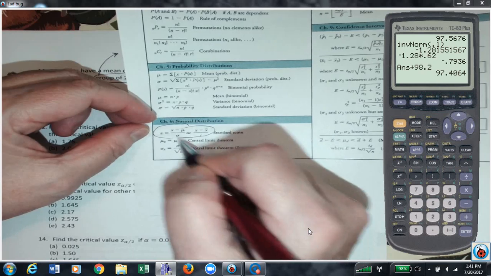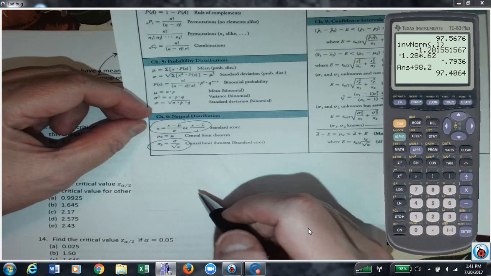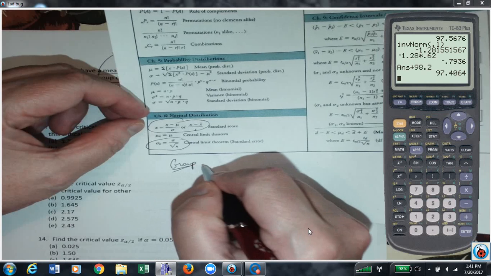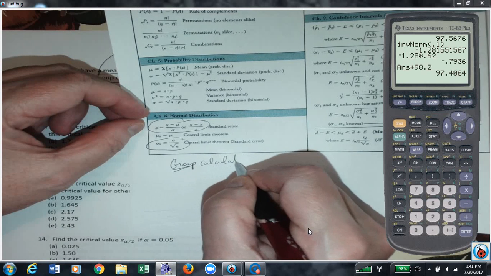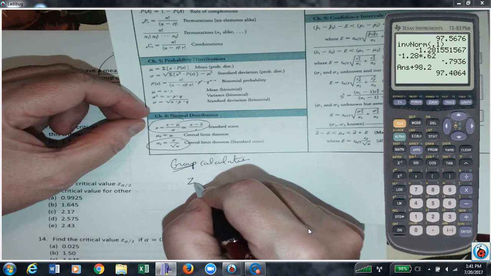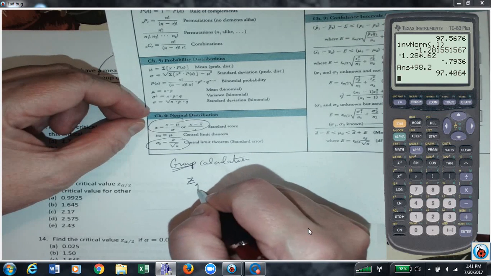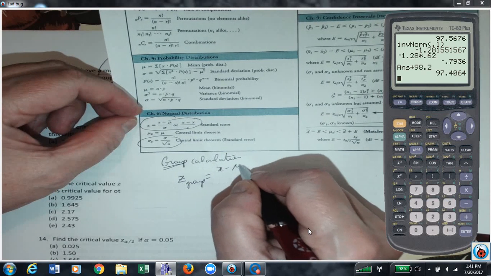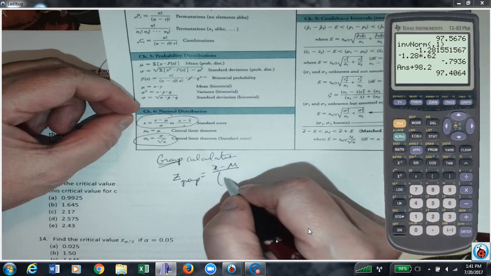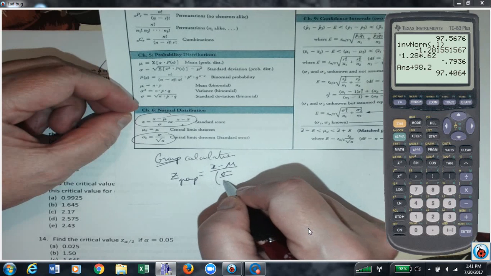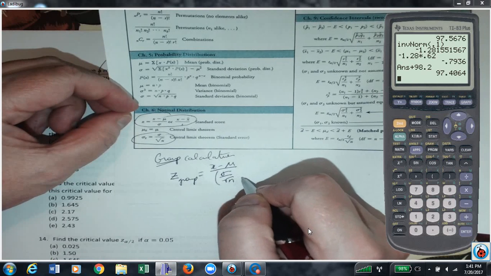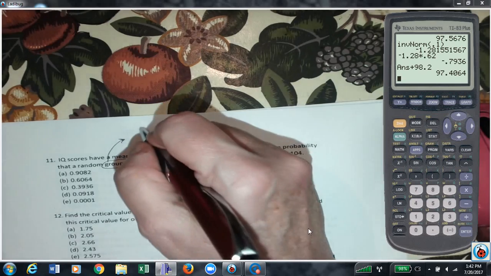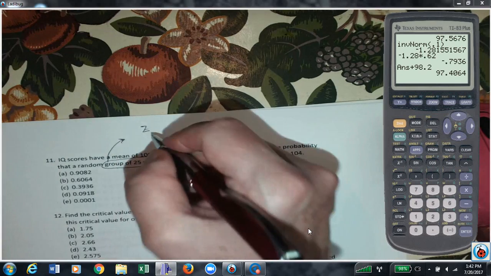We put this and this together, and if I'm doing a group calculation, I have that the z-score of a group is going to be x minus mu, all divided by sigma over square root of n. Okay, so that's going to be my z-score if I'm talking about a group.